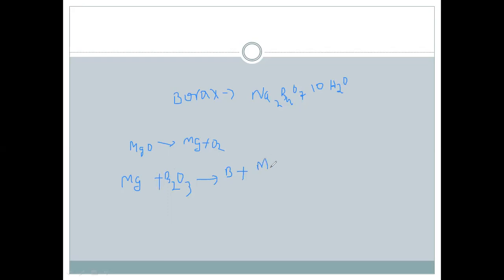The equation is not balanced, and balancing should be done by you.